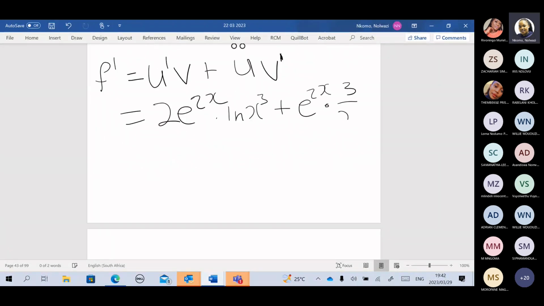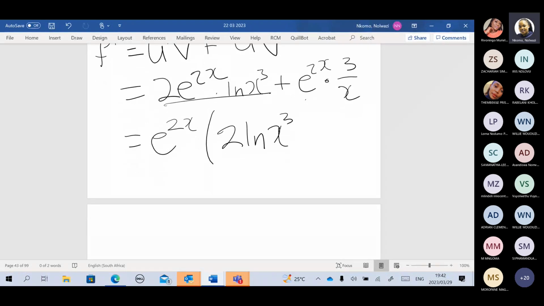We can take out the common factor e to the power 2x. We are left with 2 ln x cubed, and 3 over x.